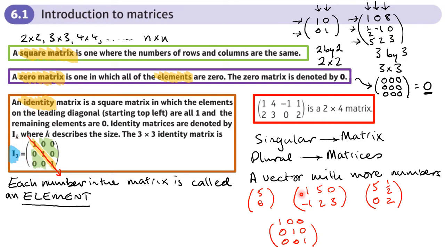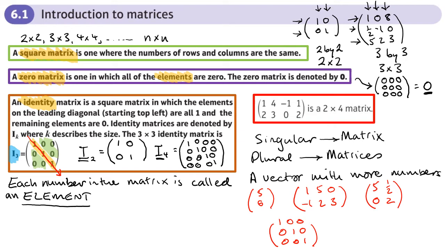For example, the identity matrix of a 2 by 2 matrix would have 1 along the diagonal and every other element 0. For a 4 by 4 square matrix, along the leading diagonal 1, 2, 3, 4, they're all 1s, and every other element is 0.